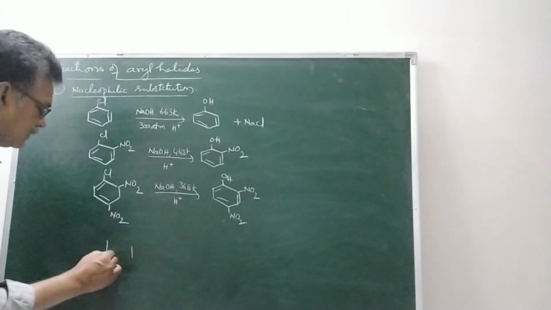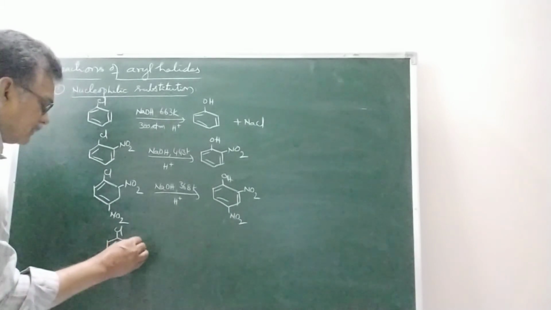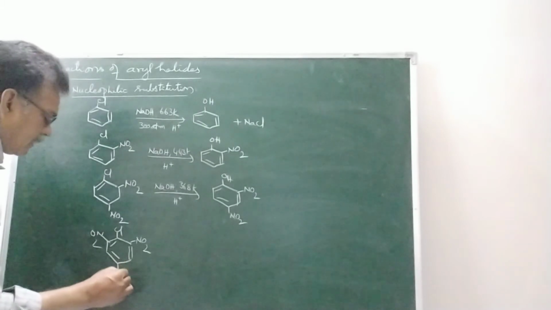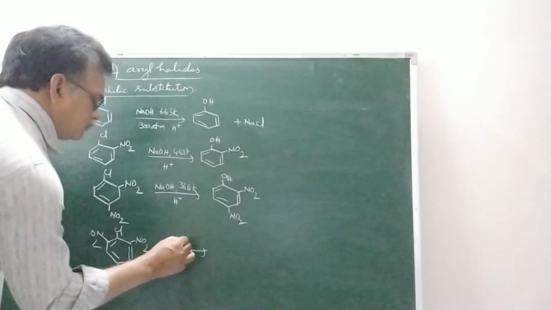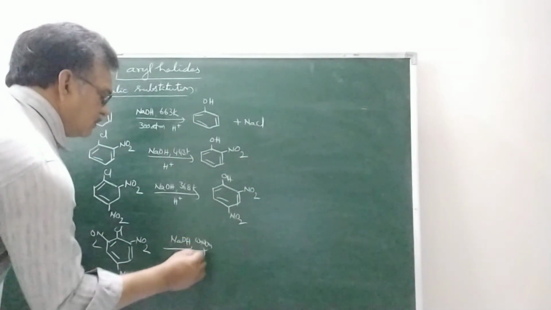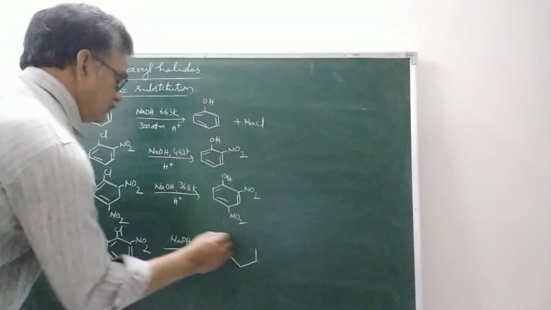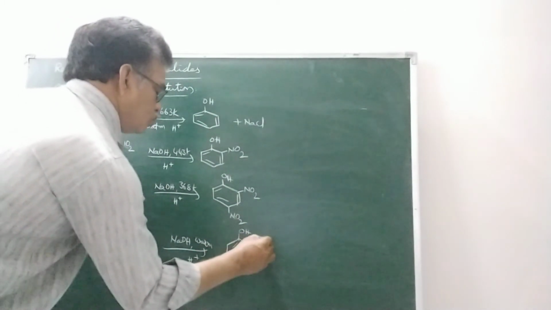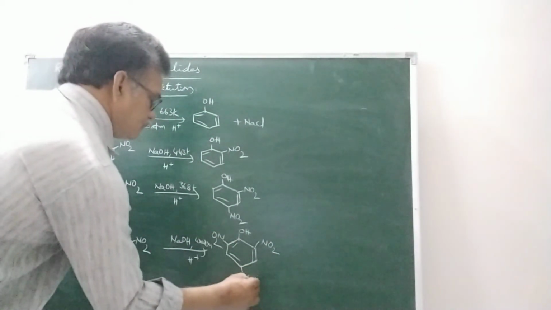Next, if we take 3 NO2 groups, 2 at ortho positions and 1 at the para position, then just warming is sufficient to get OH with NO2 and NO2.